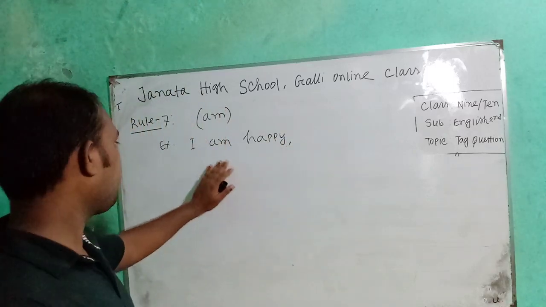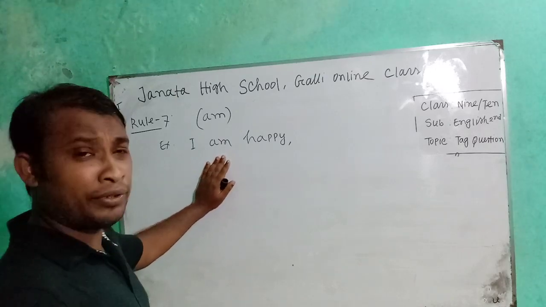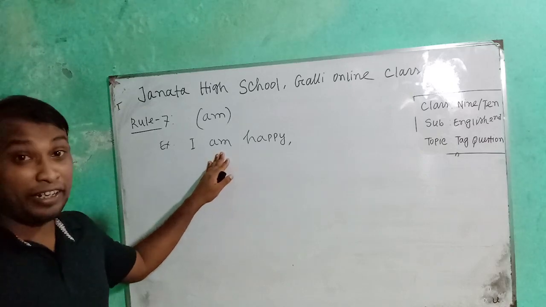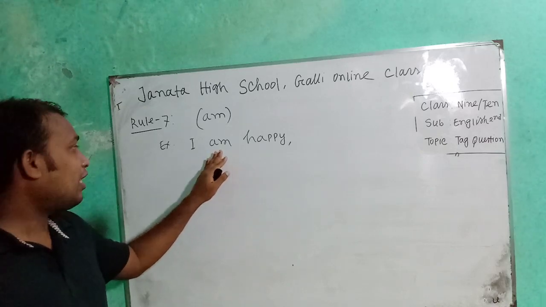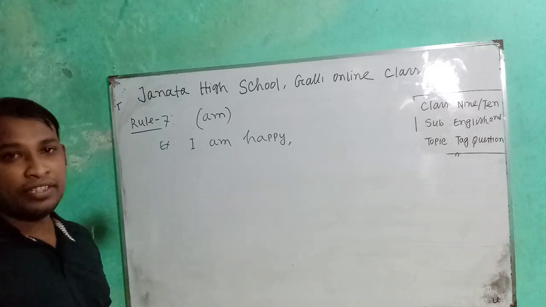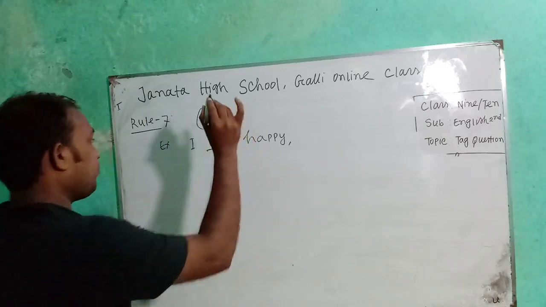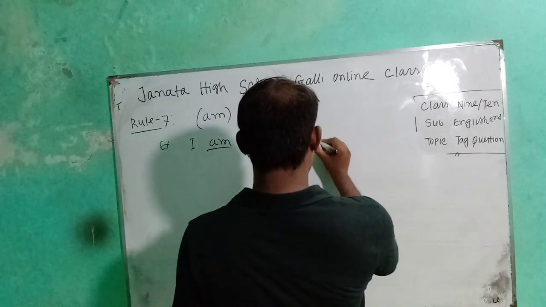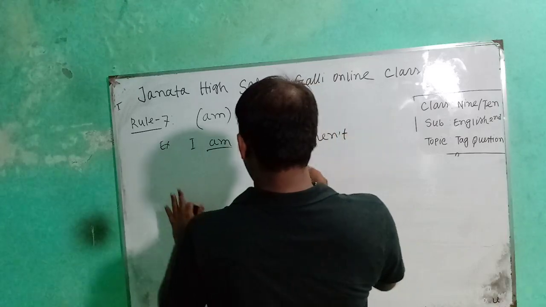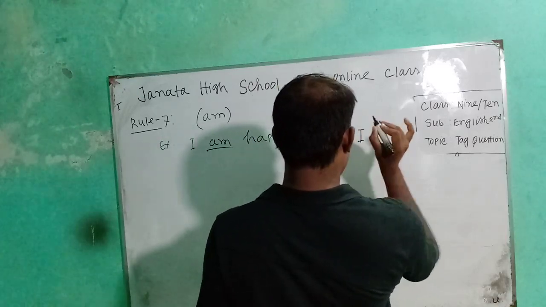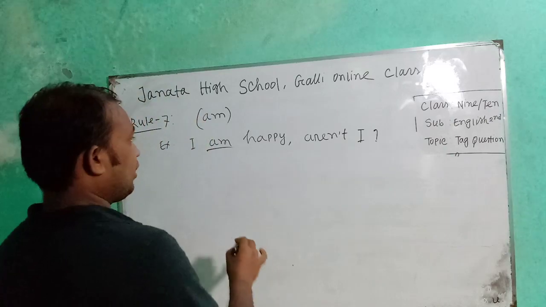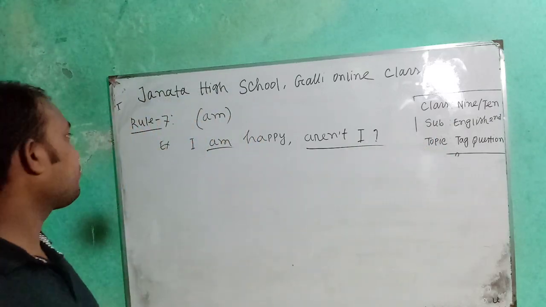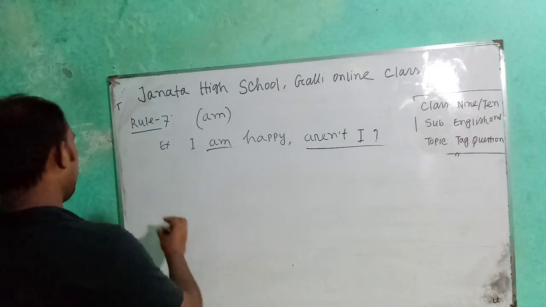So we have to use aren't I, but not amn't. We have to use are instead of am. Aren't I? As I is a pronoun, aren't I? Okay, this rule is clear. Okay, I shall go to the next rule.